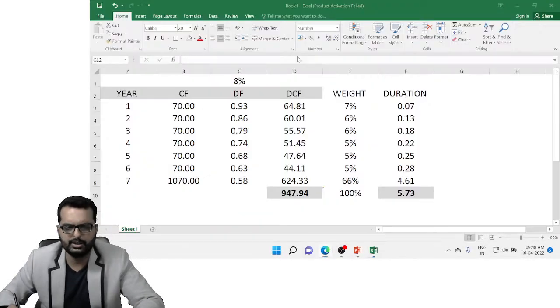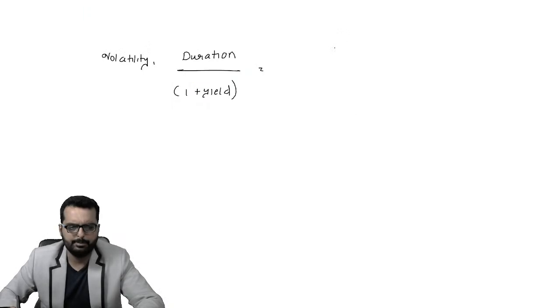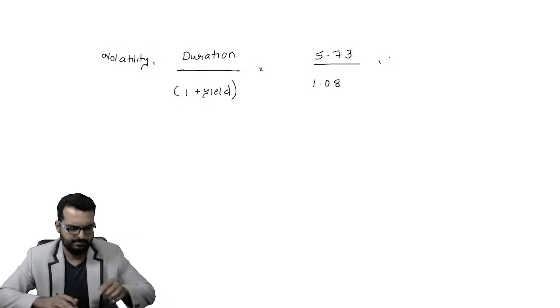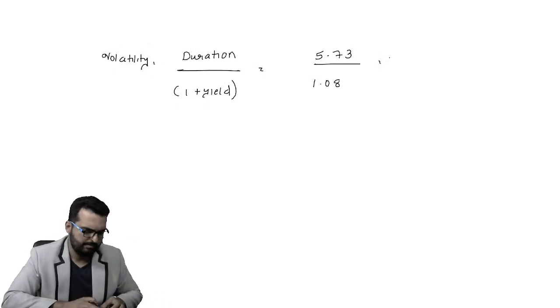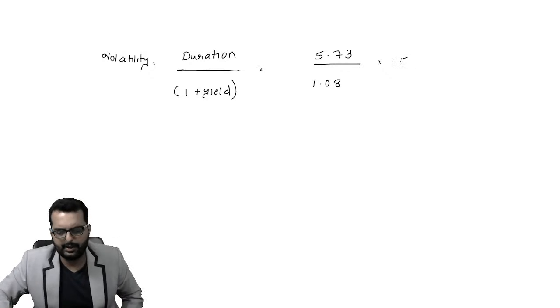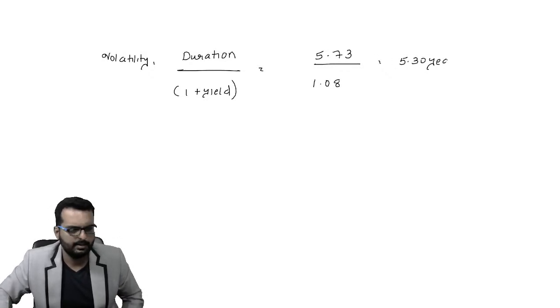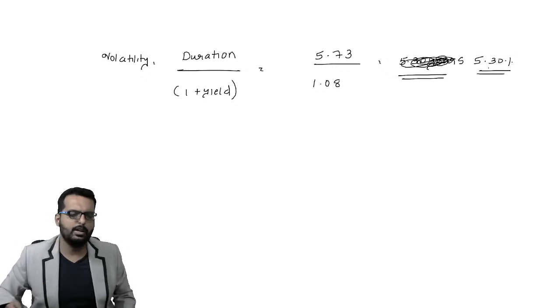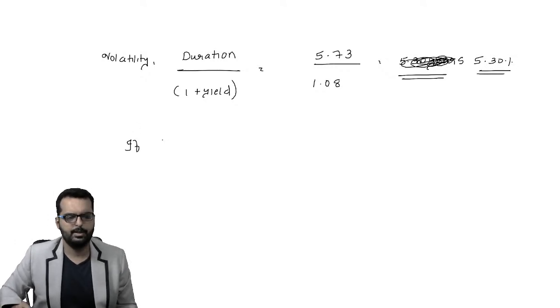So we got the duration as how much over here? 5.73 divided by 1.08 because 8% is the yield. I'll get the answer as 5.30. Not years, 5.30 percentage is the volatility that you get.